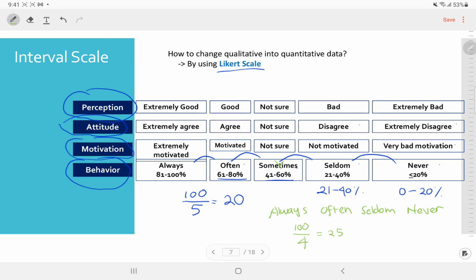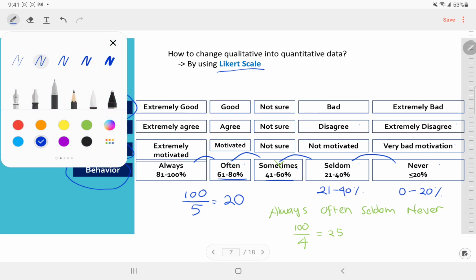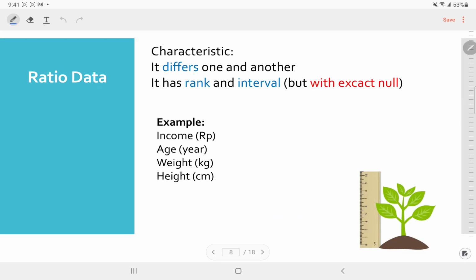And the next one, you can just continue it in the ratio data. Yes, this is the last type of data that we can use in the quantitative study. Just like the previous data, it can diverge from one another. It also has rank and interval, but with the exact null. So we have the real zero here.